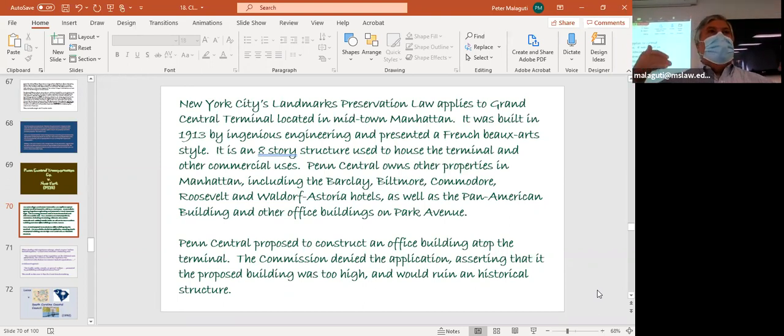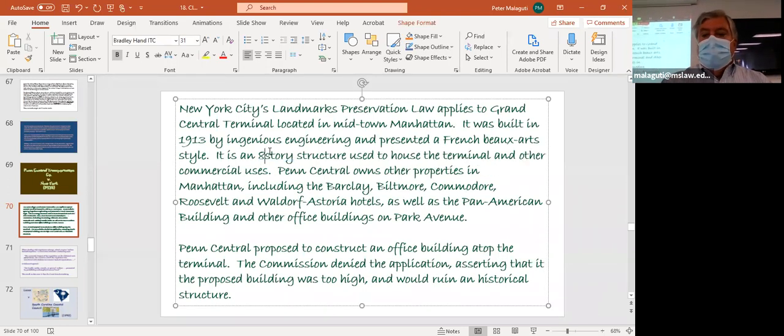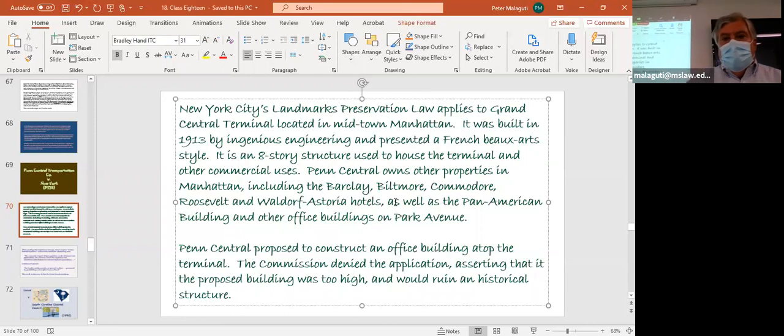The facade is 8 stories high. And see, I made another mistake here. Whenever you have a complex adjective, you have to put a hyphen between the 2 words. The facade is 8 stories high, and it's of the Beaux-Arts architectural style.